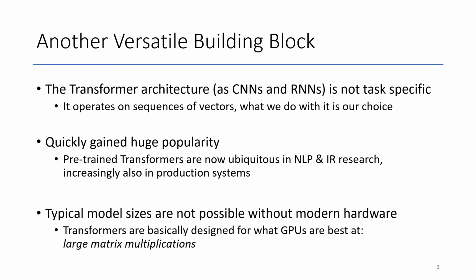So if we want to run those models on GPUs that are 5 or 10 years old, we will have problems. And because we luckily have modern hardware, we can do those large matrix multiplications that transformers are designed for and use the modern GPUs to their maximum capabilities.